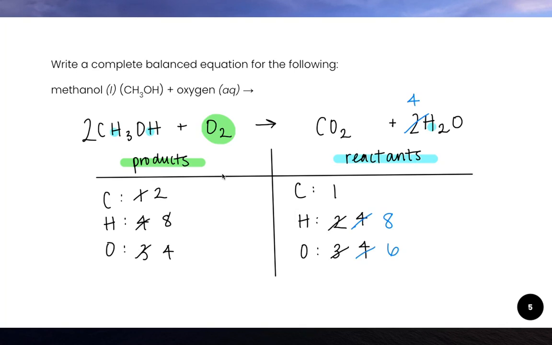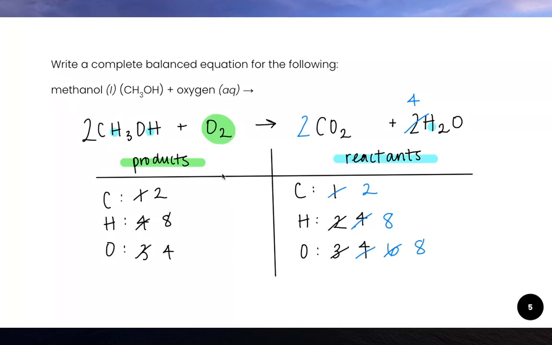Now carbon, we need to balance the carbons, so let's just add our 2 here. Our carbons are balanced, and that bumps our oxygen up to an 8.